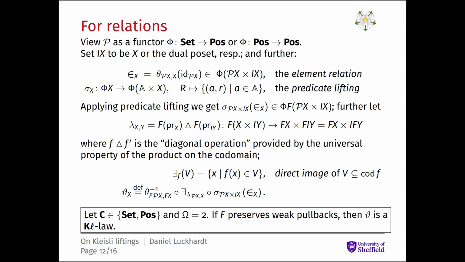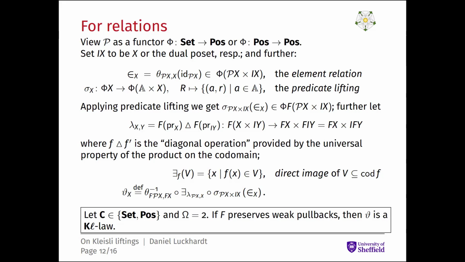And then we can define this Kleisli lifting, by thinking of it as relations and using this phi and this theta to define natural geometric entities, like here the element relation.